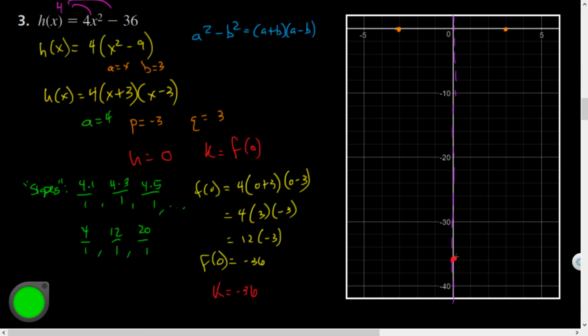Let's see that. So going up 4 from here, remember my scale is counting by 2s, over 1, and then up 12, my bad. So I'm at -32, going up that is going to bring me to -20 over 1, and then going up 20 from -20 is going to bring me all the way to the x-axis.